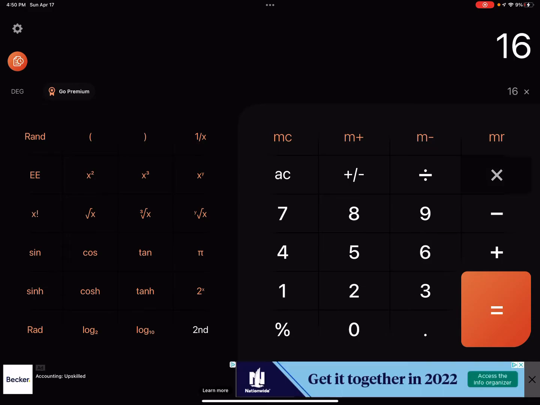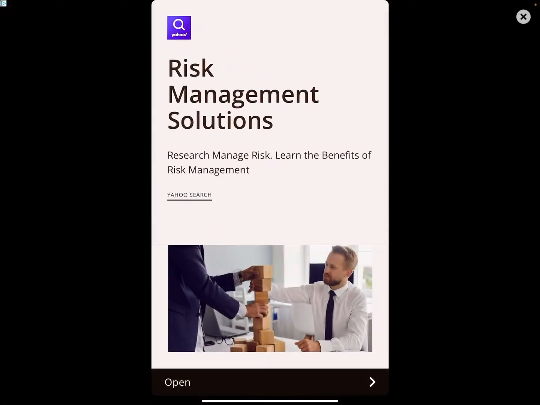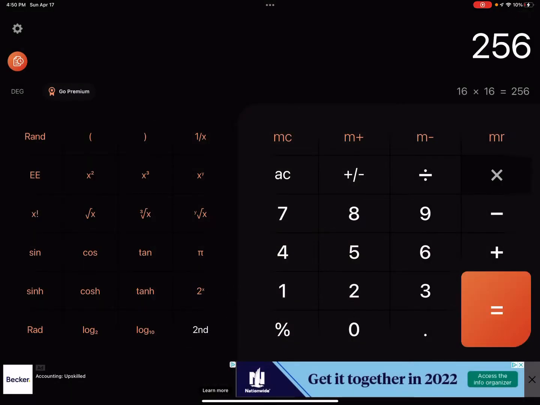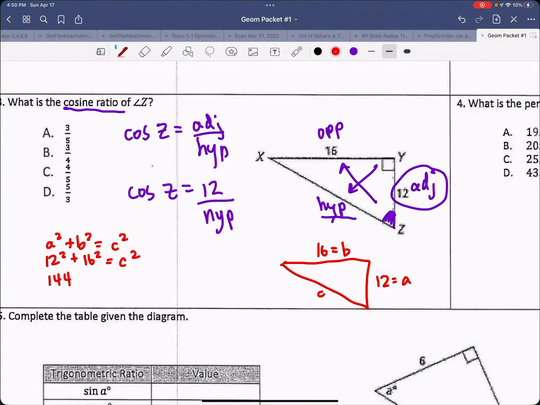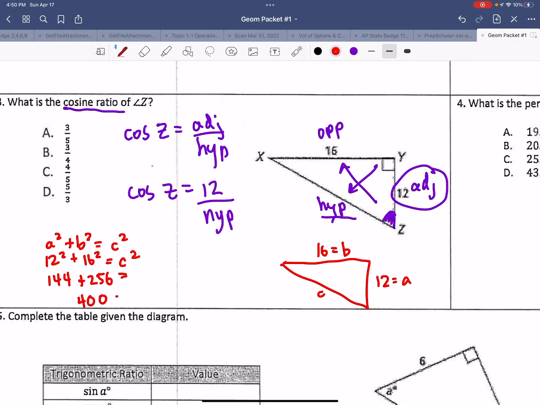All right, 16 times 16 is 256. So we can take the square root of both sides, and we get 20.